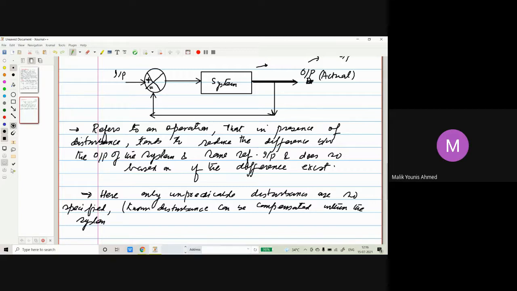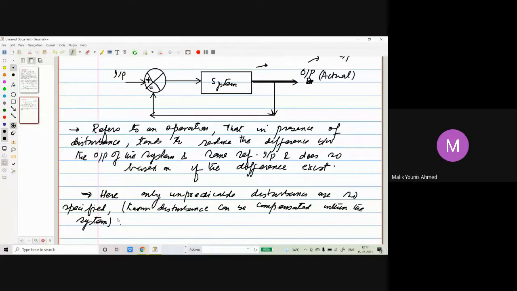Another. So what will happen? Here only the disturbances which we do not predict, which we do not anticipate, are specified. Means we are talking about those disturbances. We are implementing or executing this feedback control system for all those disturbances where we are not anticipating the type of disturbance. What is the type of disturbance?